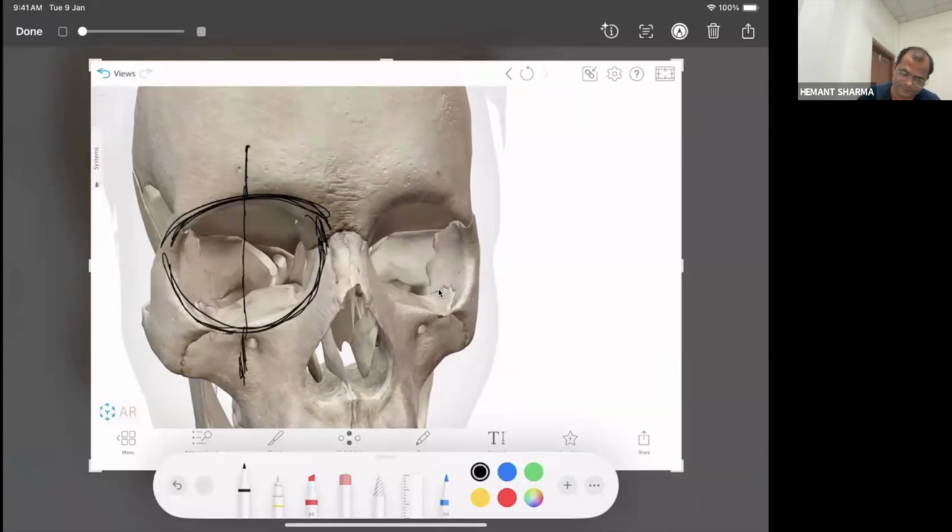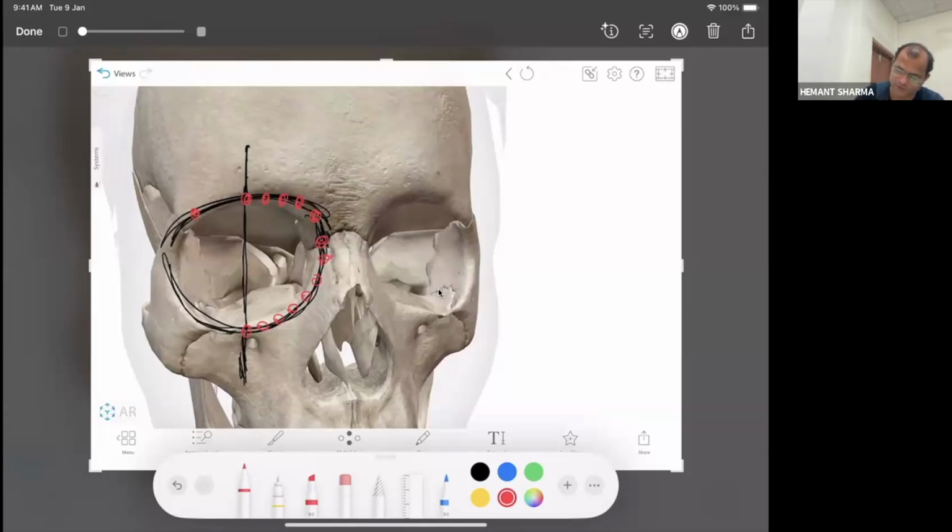So multiple points will be found like this, all around the bone. Multiple points are here. यहाँ पर हमारे points इस तरह से फैले हुए हैं.